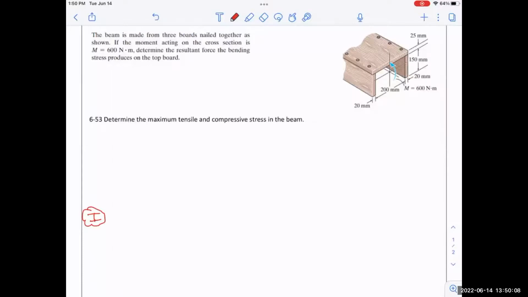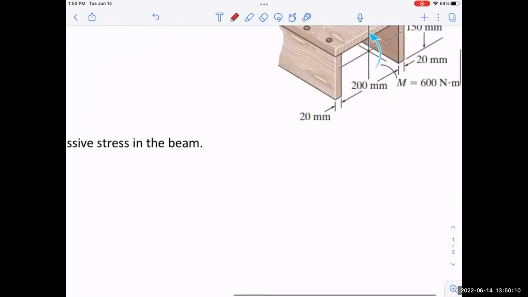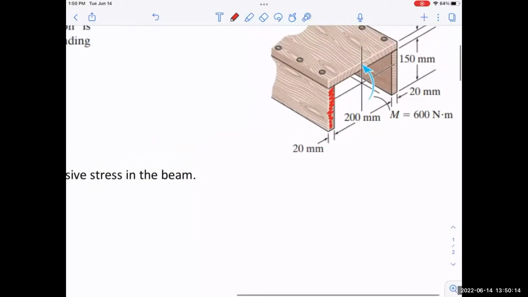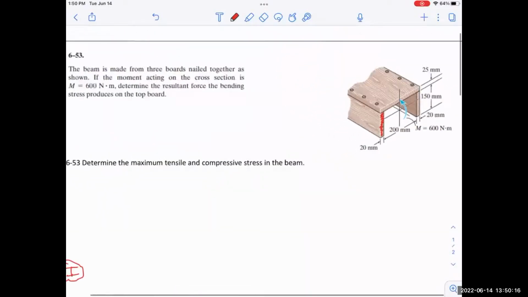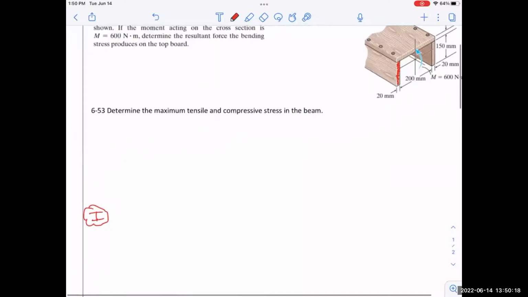So first, I'm looking at this rectangle right here. I can see it's 20 by 150. So its value then would be 1/12 times 20, which would be 0.02 meters, times 150 millimeters, which is 0.15 meters, except that's cubed, right? So that's the 1/12.